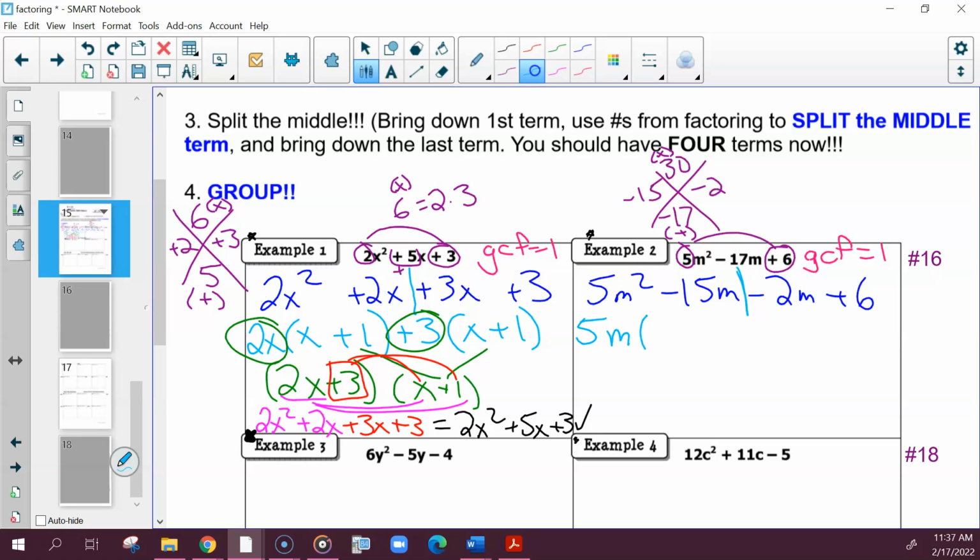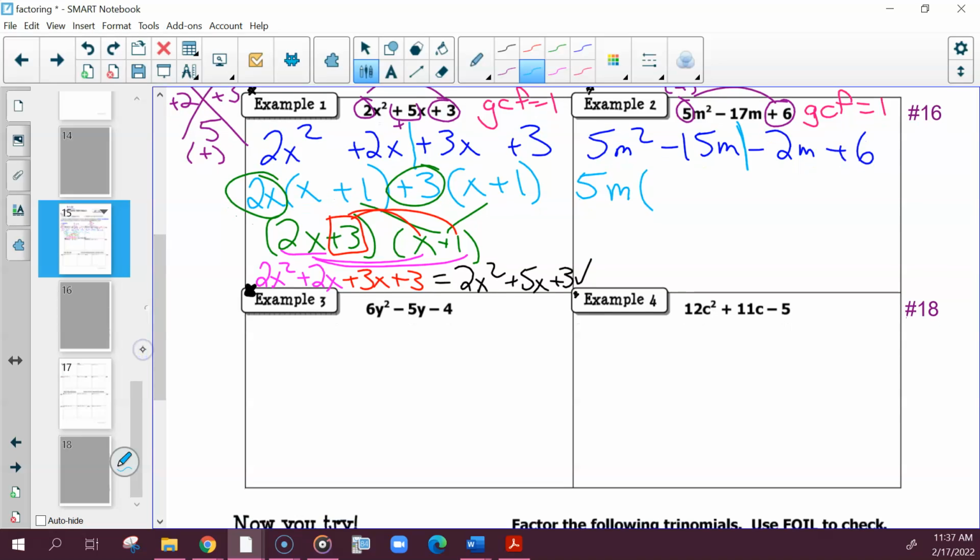So always be looking for both numbers and variables. What could you divide out of both? What do they both have in common? If we divide out 5m, what's left? m. Negative 15m divided by 5m is negative 3. And what could we divide out of the last two? 2, but it would be negative, because this is negative.